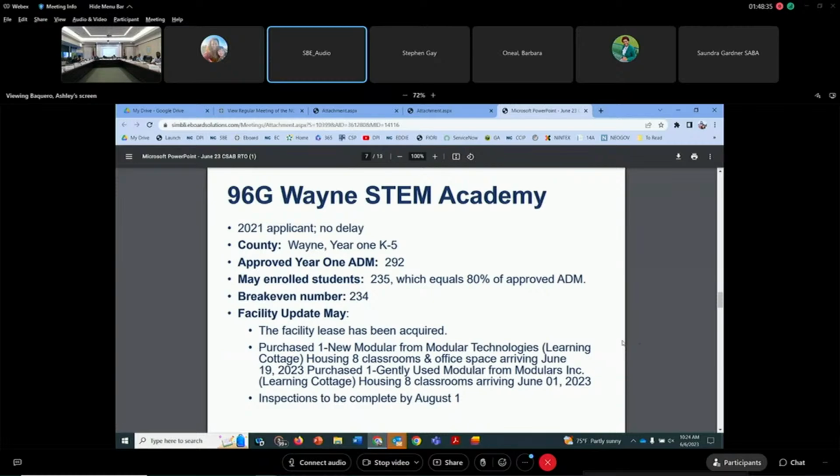So their contingency plan is an adjusted calendar based on the information that Dr. Todd Bourget, the school director, can give you more information regarding the facility needing 2 modular units and their contingency plan being an adjusted calendar.